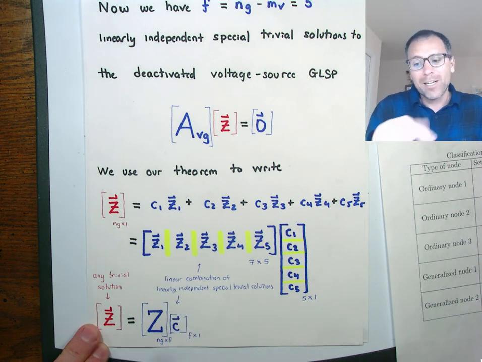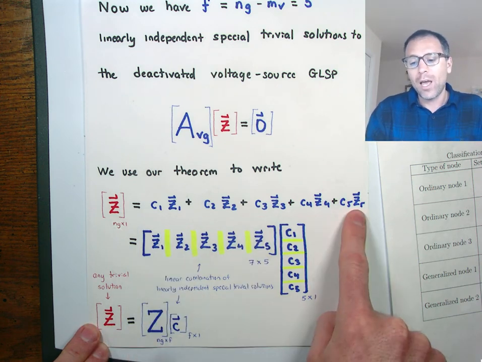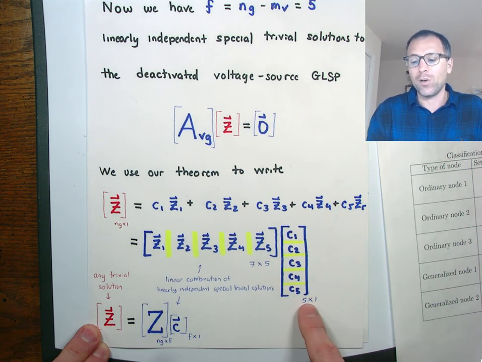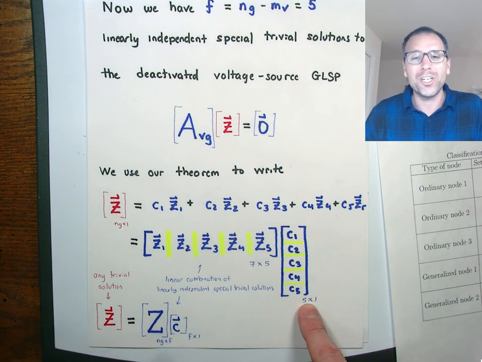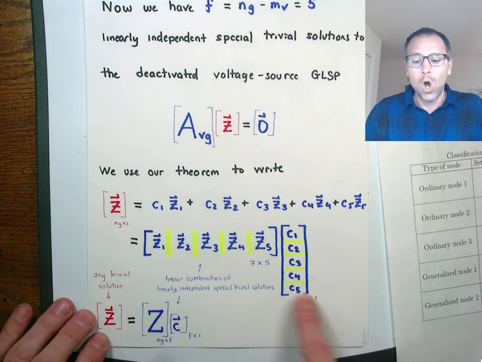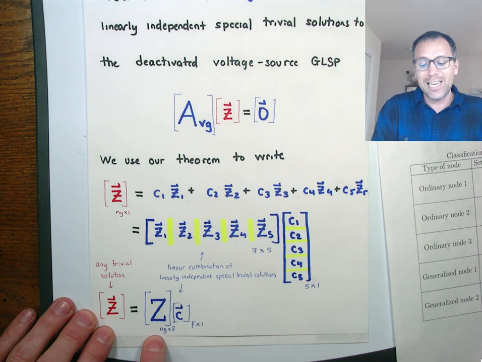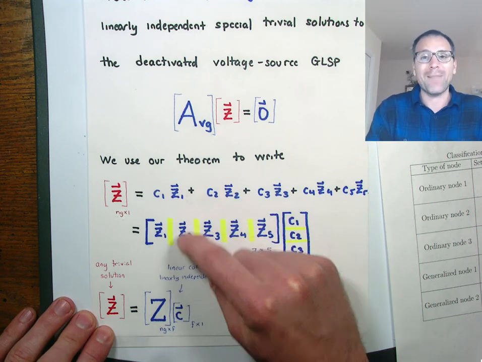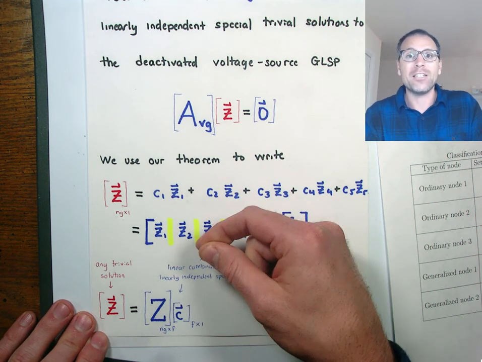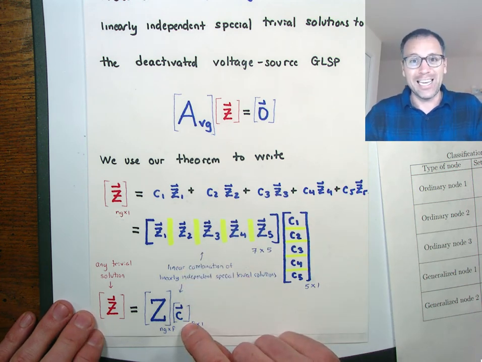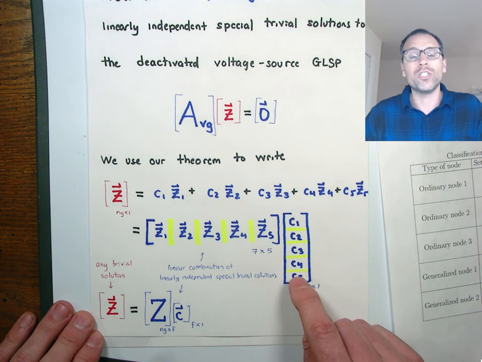I always like to say to my students, this linear combination can always be written as a set of columns multiplied by a single vector. That's the column partition version of matrix multiplication, which means any trivial solution is going to be the matrix Z, whose columns come from looking at the linearly independent special trivial solutions, multiplied by some scalar vector C, where the scalars are chosen arbitrarily.